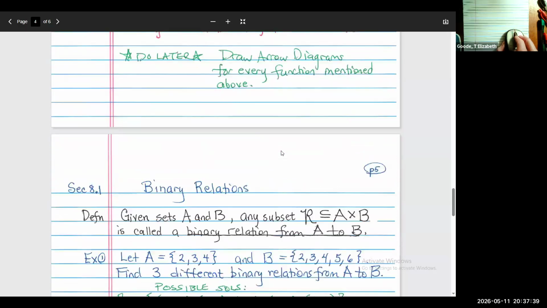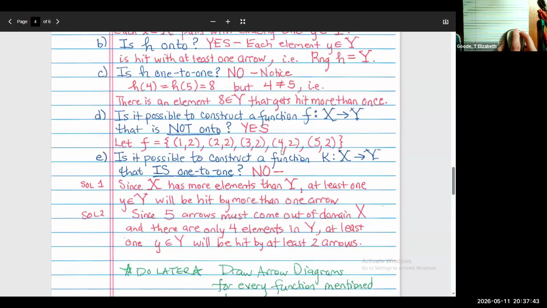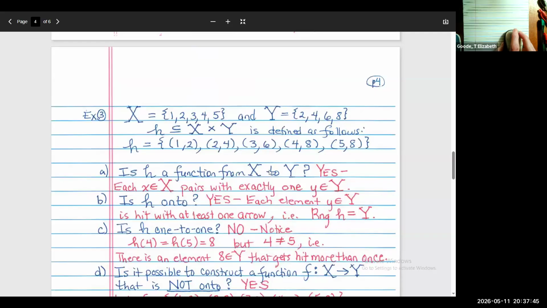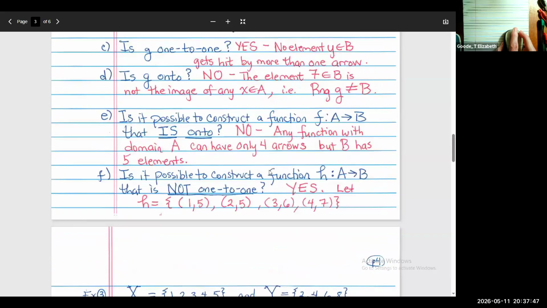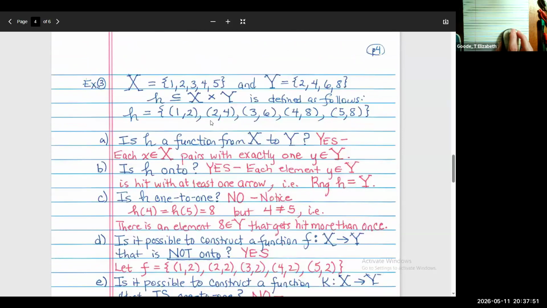If we look at, well, we didn't draw the arrow diagram here, for example 3, but you can just look at the ordered pairs. Look at the codomain. It's 2, 4, 6, 8. And now look at these ordered pairs.